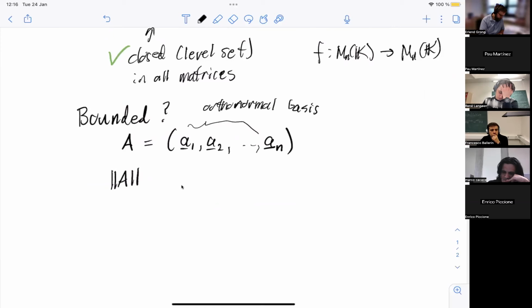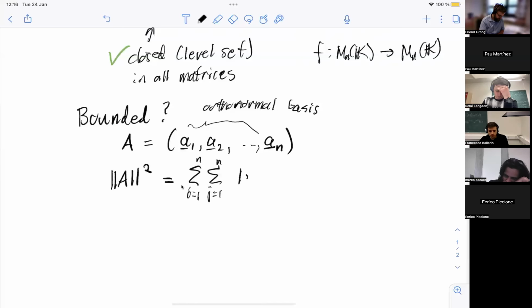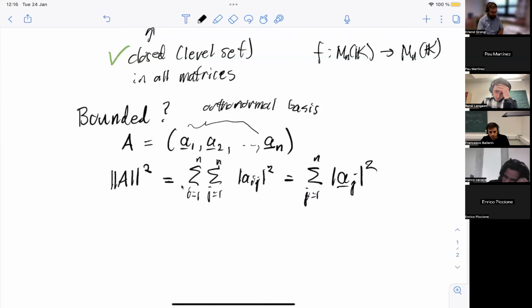Then the length squared, I can see that as the sum of the squares of every coefficient in the Euclidean norm, but it is the same as if I were to just take the length of all the columns and add them up. If I'm doing the sum over i here, I'm essentially taking the length of all the columns.